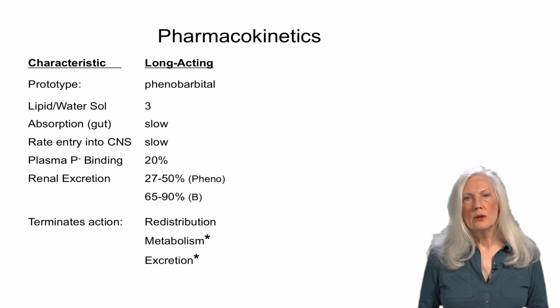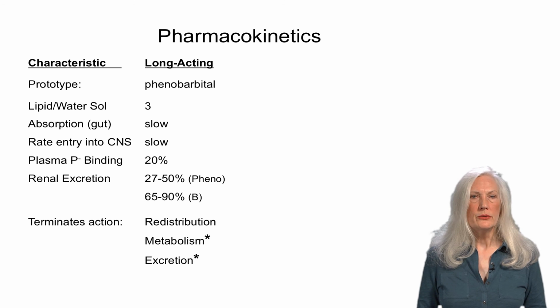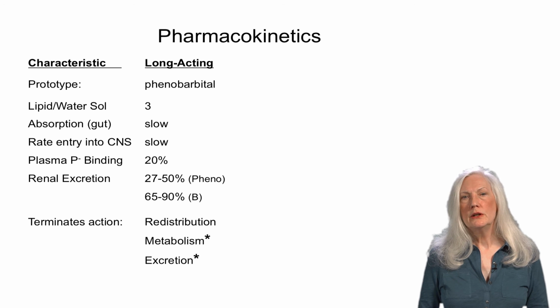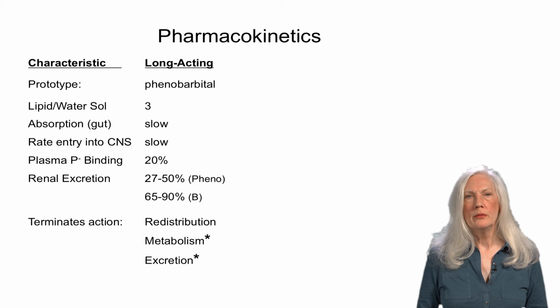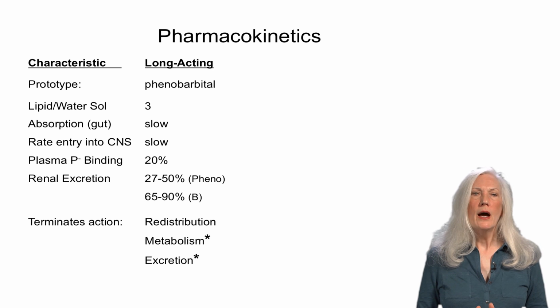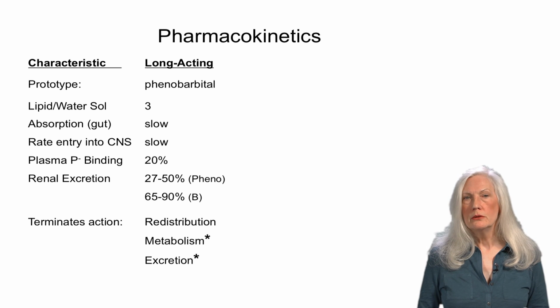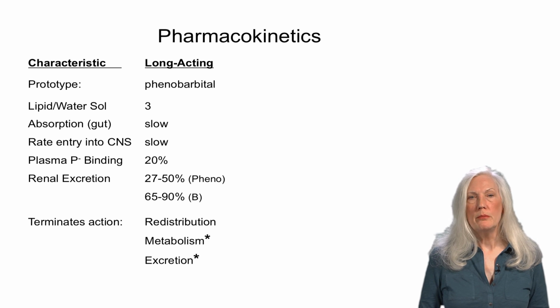We know it has a slow absorption from the gut, a slow entry into the brain, and a relatively low plasma protein binding. About a third of phenobarbital is excreted in the parent form, whereas as much as 90% of barbital is excreted as barbital itself. The action of phenobarbital is terminated by a combination of redistribution, metabolism, and excretion. Of those, metabolism and excretion play the major role.